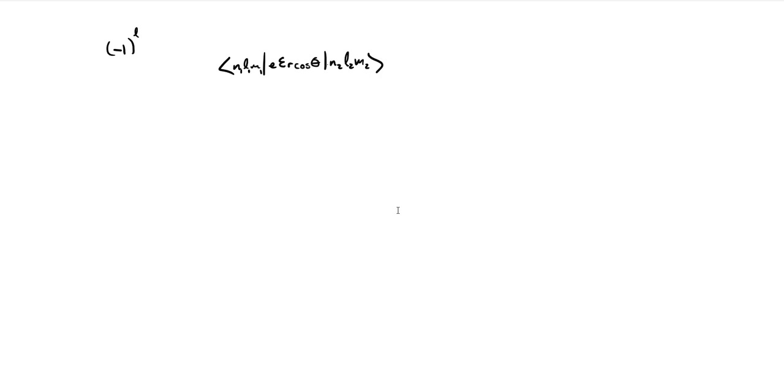So we're looking at those matrix elements. Well, this part is odd, right? These wave functions, if they have the same L, the integral is going to involve r cos θ.